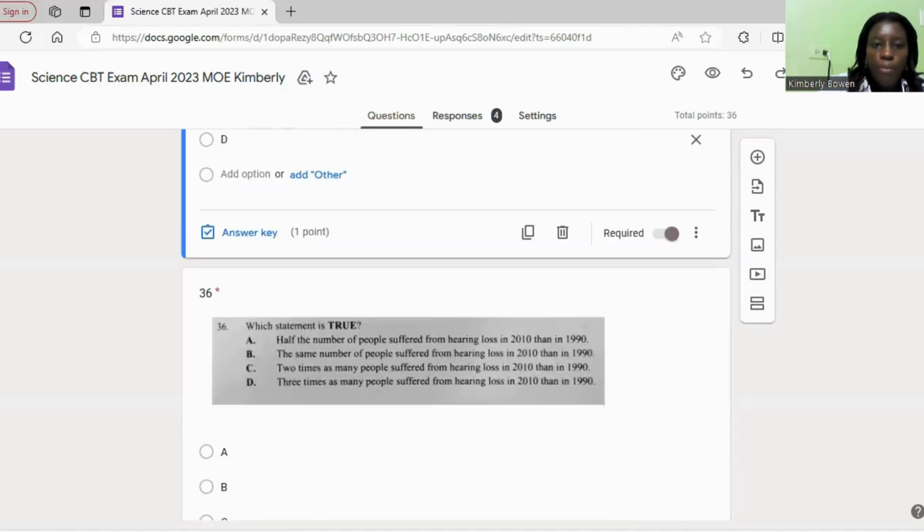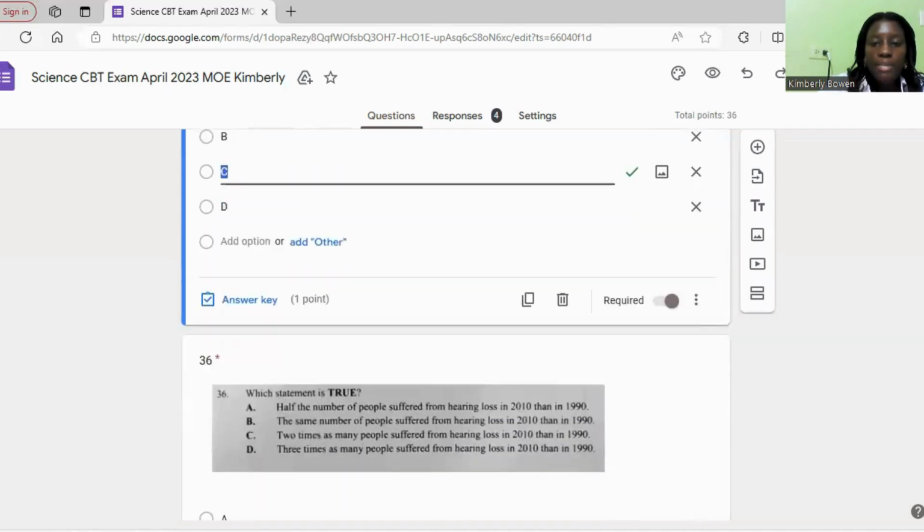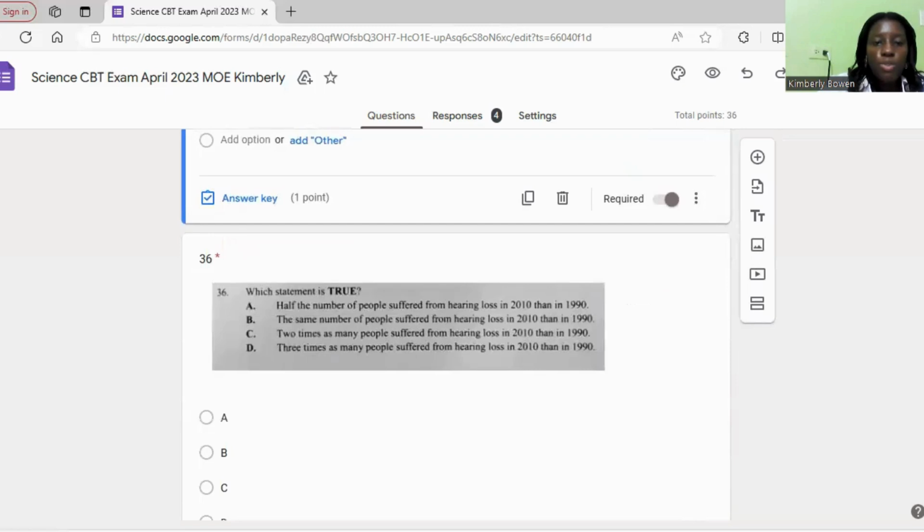The same number of people suffered hearing loss in 2010 as in 2000 and in 1990. That's not correct. Two times as many people suffered from hearing loss in 2010 than in 1990.